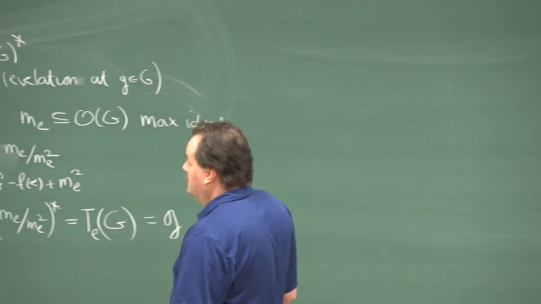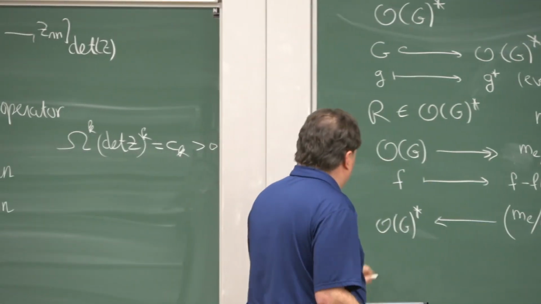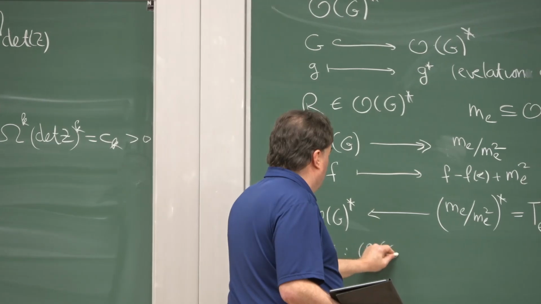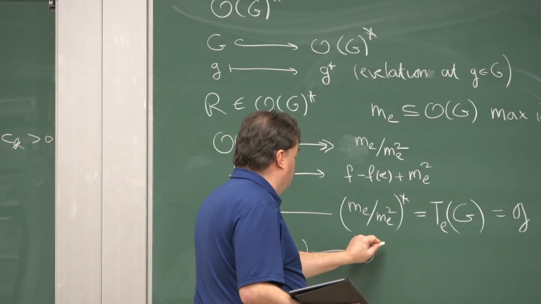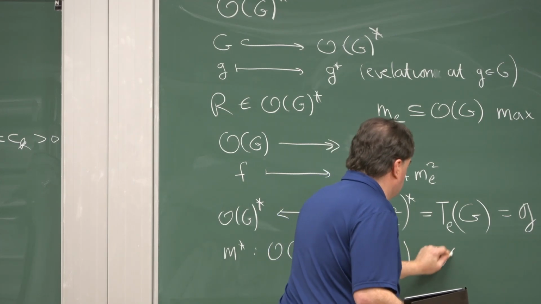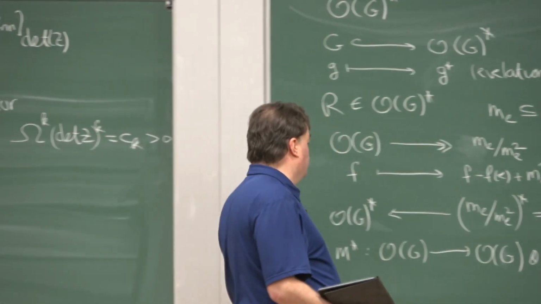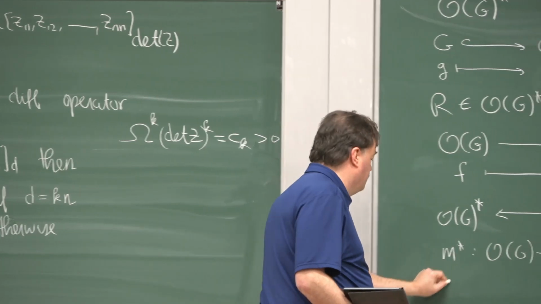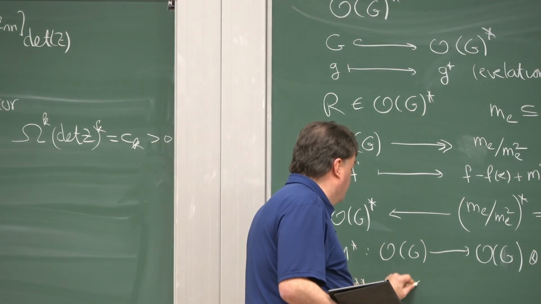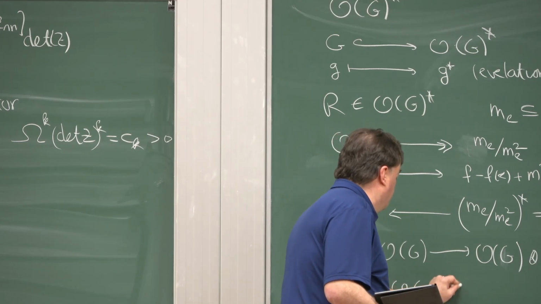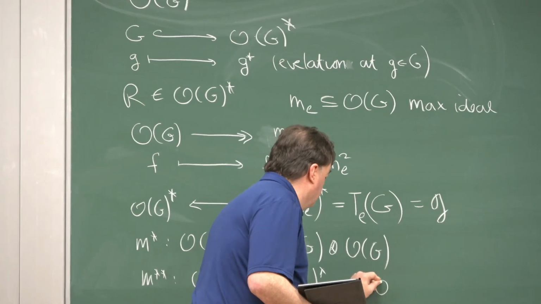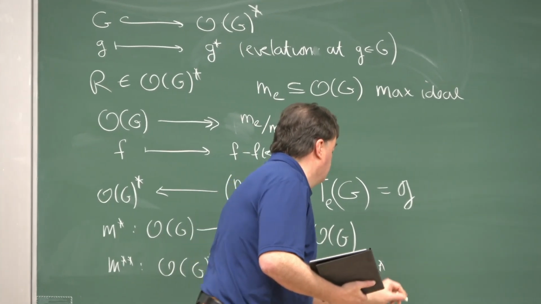And in fact, we have this multiplication, and the dual to this multiplication is this co-multiplication. Then we can dualize again, and this gives us a multiplication on this dual space.